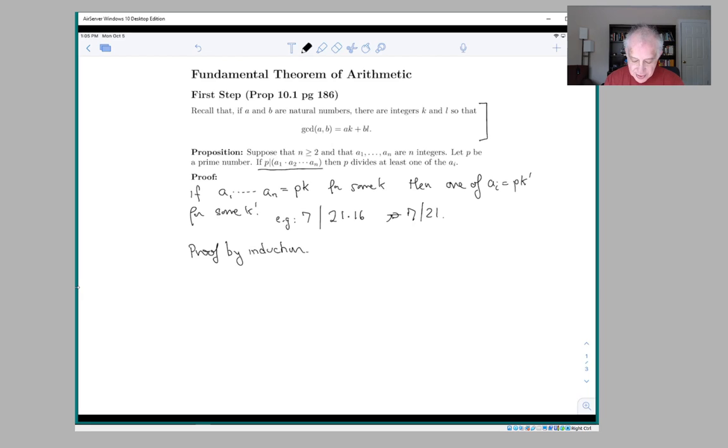And we have to start at 2 because if there's just one number there, there's nothing to be said. We don't have a product. So we need to first show the first case. We must show that if p divides a product of two numbers, then p divides one or the other.